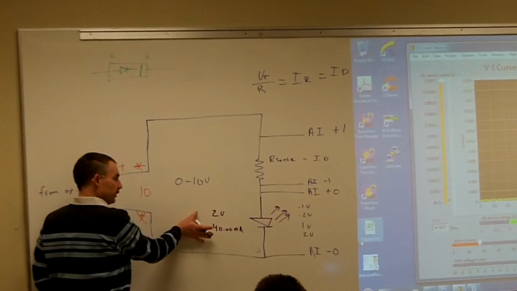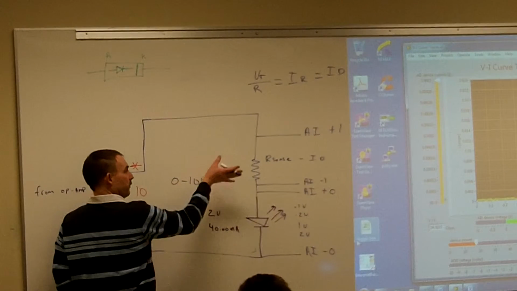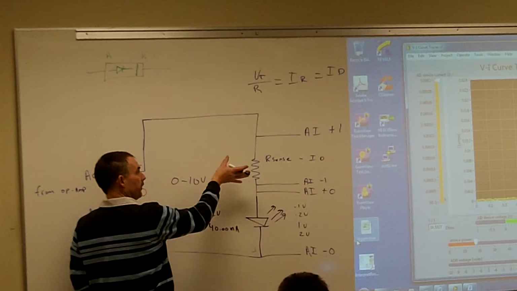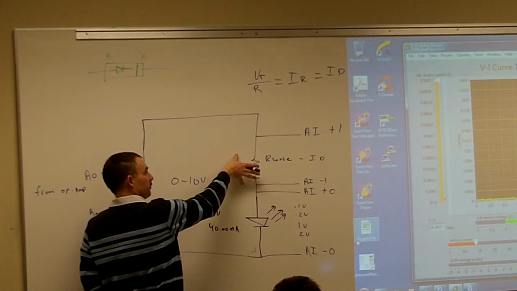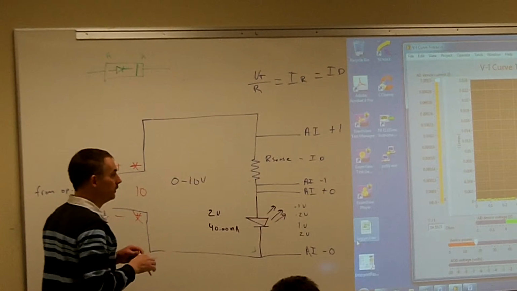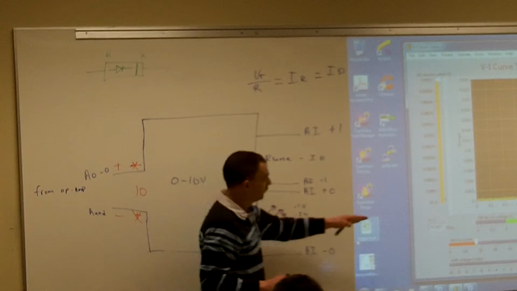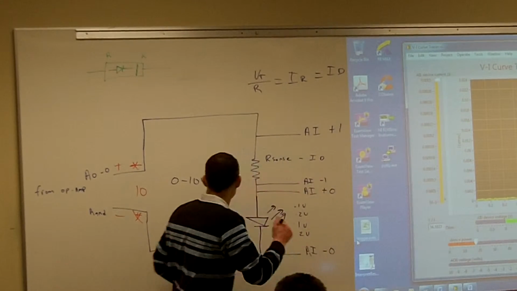I know the LED is going to drop 2 volts, right? So at my maximum voltage that my source is going to put out, how much voltage is going to drop across my sense resistor? We're going to assume this goes all the way up to my positive 10 volts, so that's my source voltage.